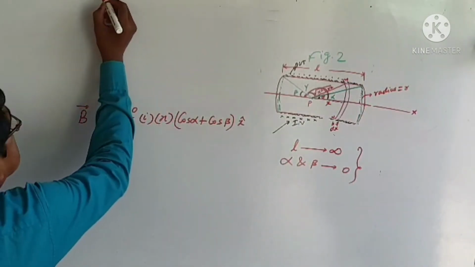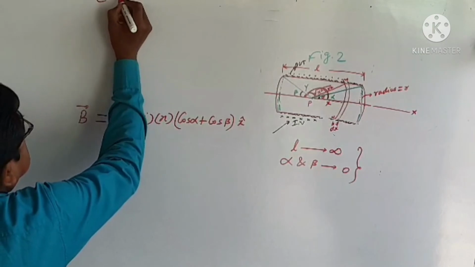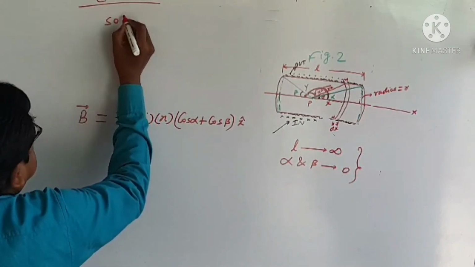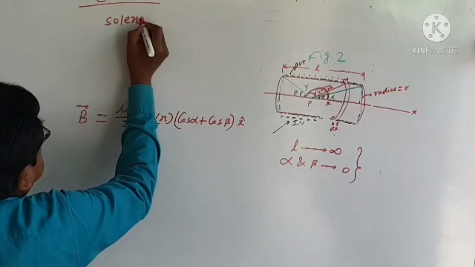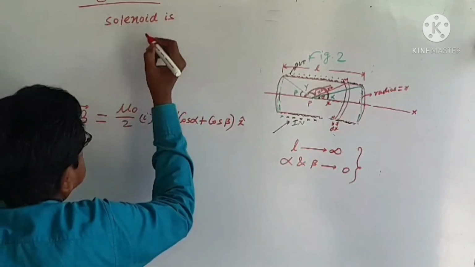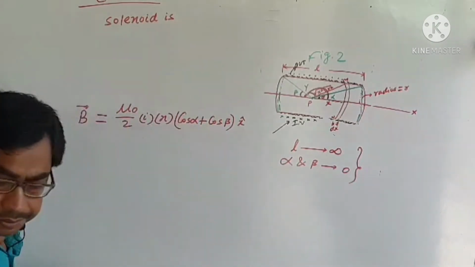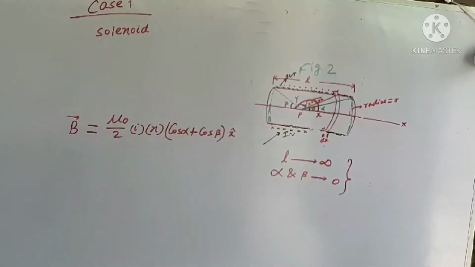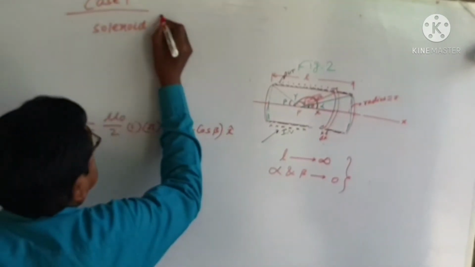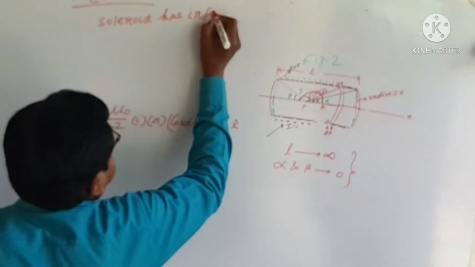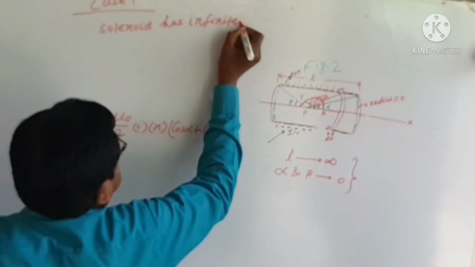Case 1: the solenoid has infinite length.